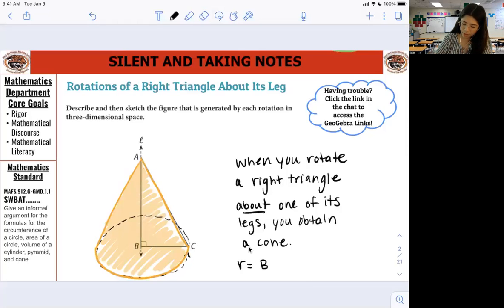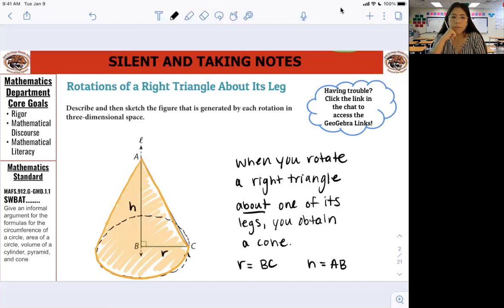Radius is BC, and what would be the height of the cone? I want a full line segment. So not just A, but from A to where? A, B, good. Good, this is the height, and that's the radius.